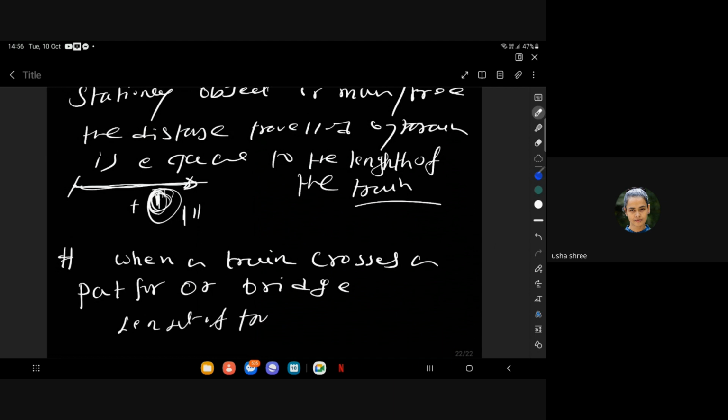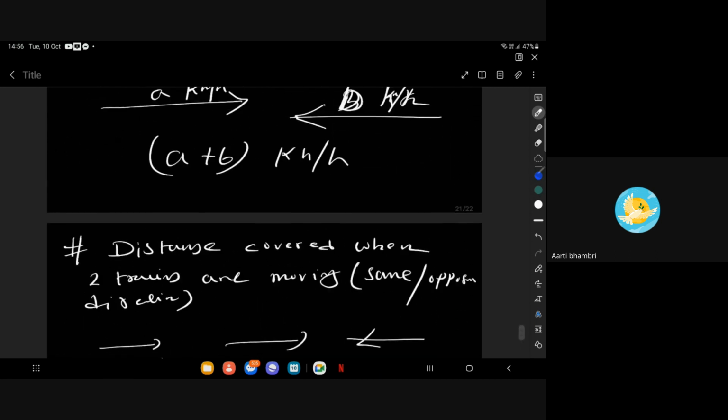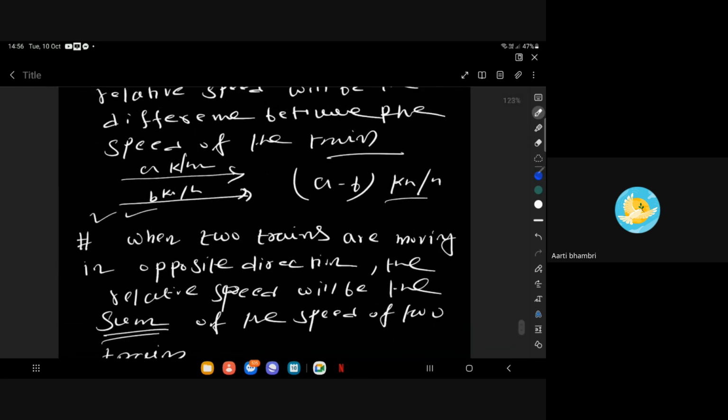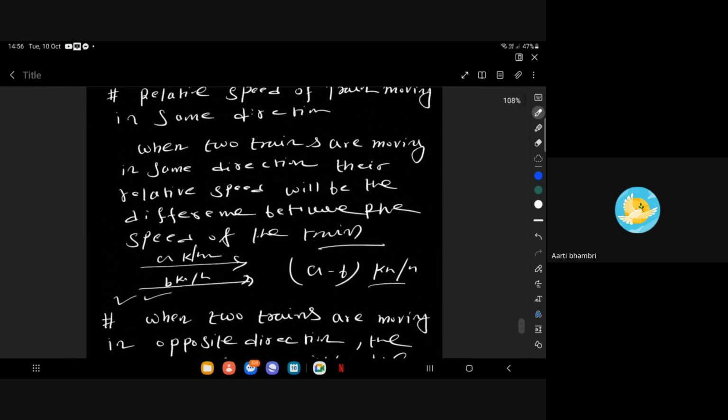The bridge length is much more than a man, tree, or milestone, the stationary object. So it will be the length of the train plus the length of the platform or bridge. These are 5-6 concepts to solve problems related to trains.